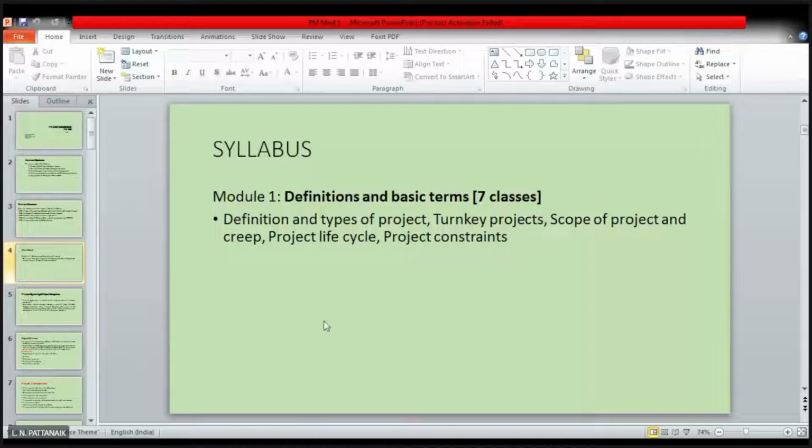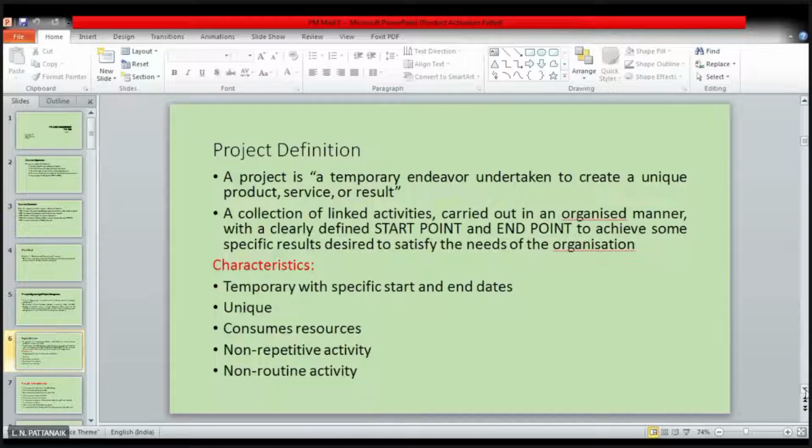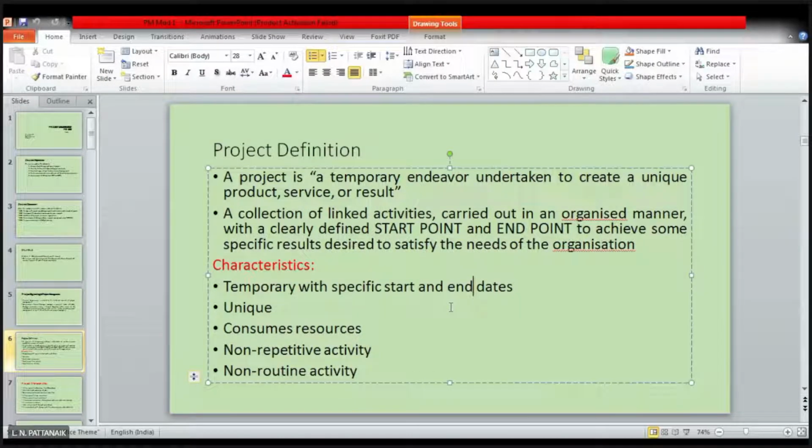All right. So we are talking about what exactly is a project. So yes, I am showing you a slide. Hope you are able to see it. Project definition. Please go through it.